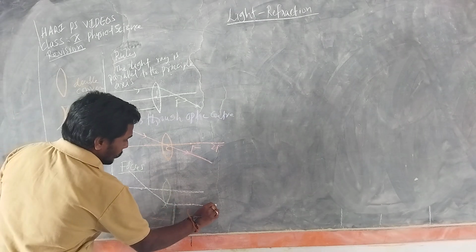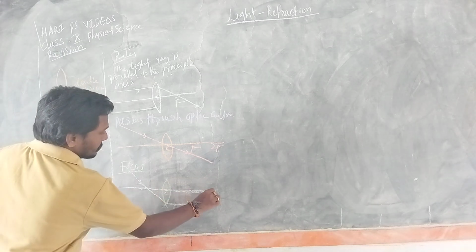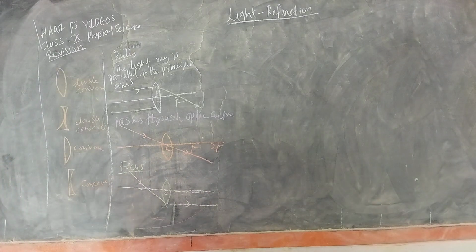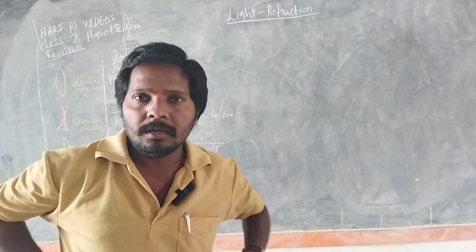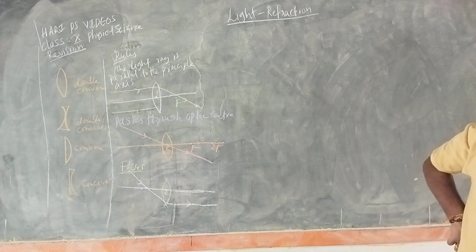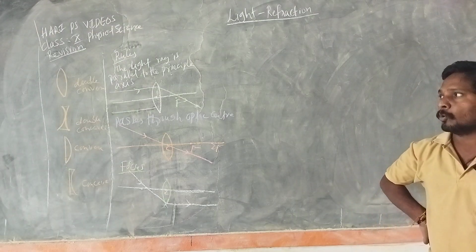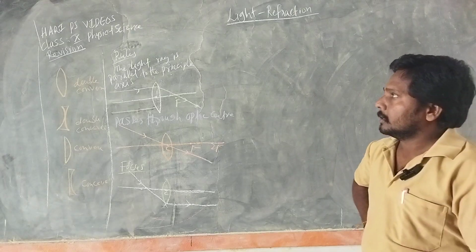After refraction, it moves along the principal axis. So these are the rules. I already explained some additional information about how light rays pass.